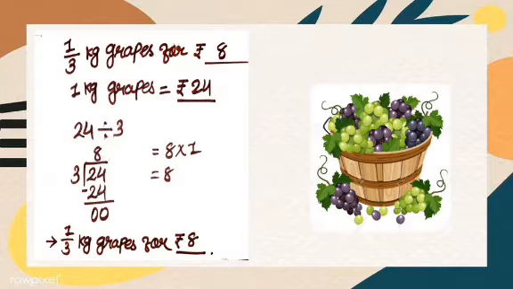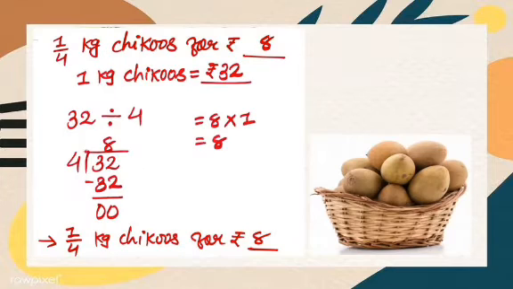Understood? Now we move on, my dear students, to the next example. 1 upon 4 kg chikus for 8. So 1 upon 4 kg chikus for what? 32, not 8. Okay. But 1 kg chikus, how many rupees is 1 kg chikus? 32. 1 kg chikus is 32.